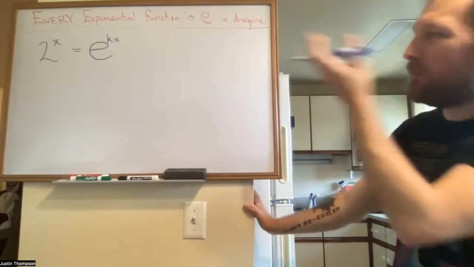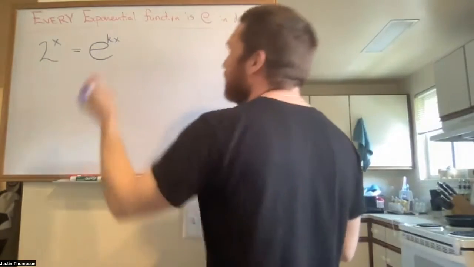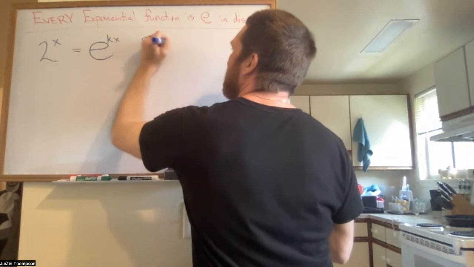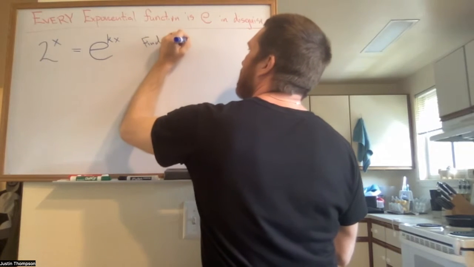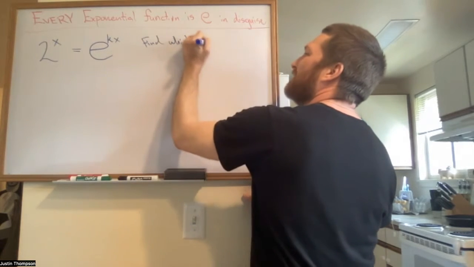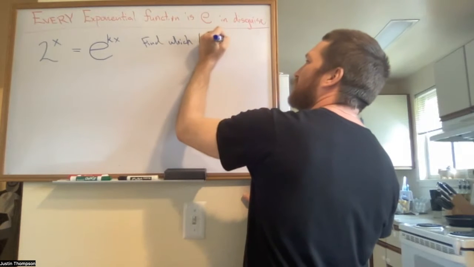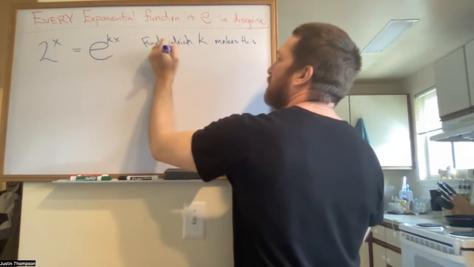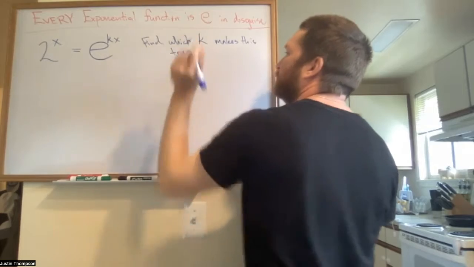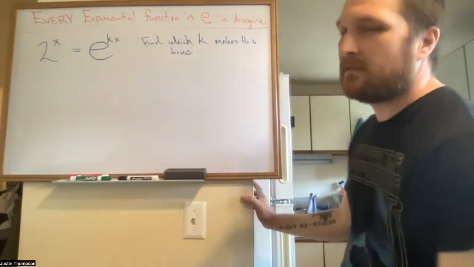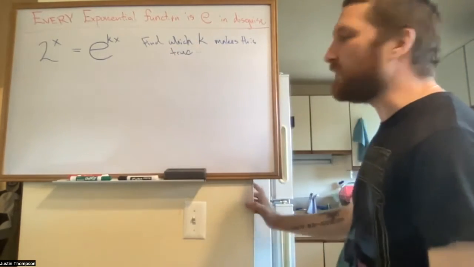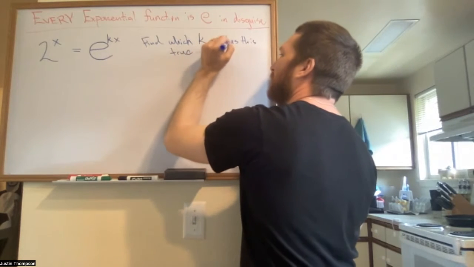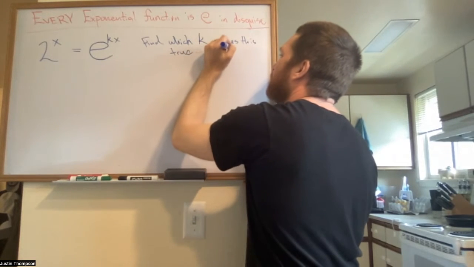Now, the only thing that's left to determine is which value of k makes this true. In other words, let's see if we could solve this equation for k. I'm going to let you work on that for a minute.